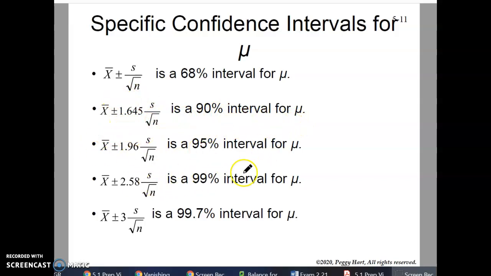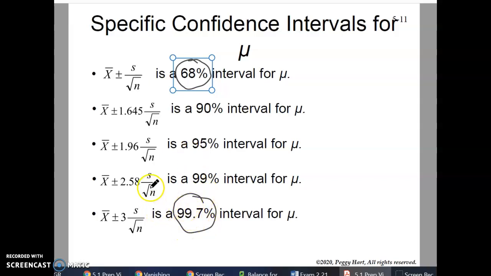So notice, as you add confidence, confidence is going up, right? 68%, not very confident. 99.7%, very confident. By the way, in engineering, a lot of times you're in this range, 99%, 99.7%, because it's like a safety issue, right? You're estimating something where somebody's safety is at risk if you don't have your estimate correct. So you want to be confident.